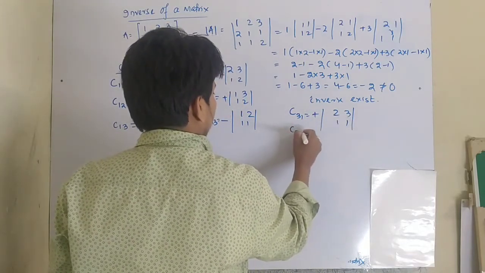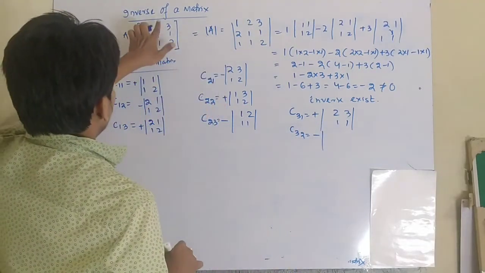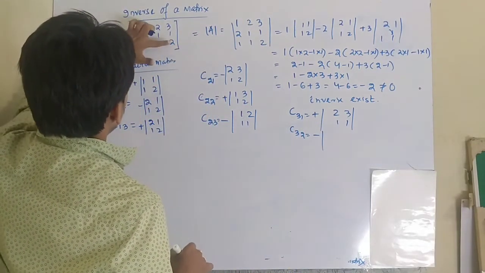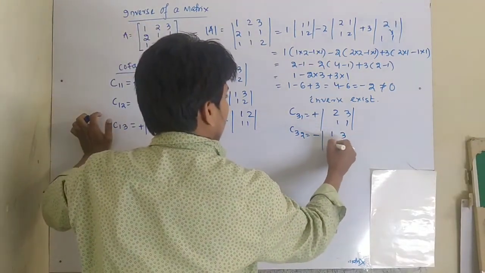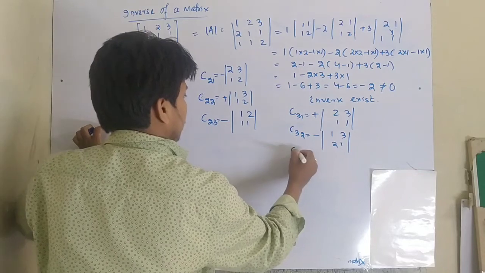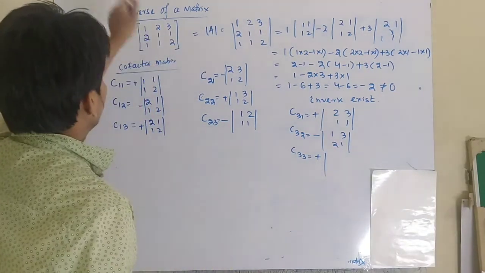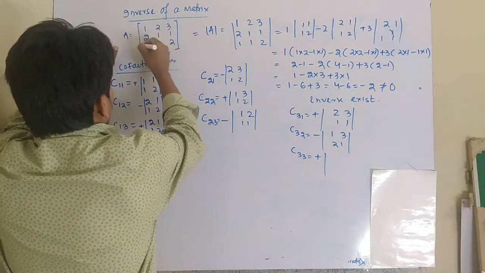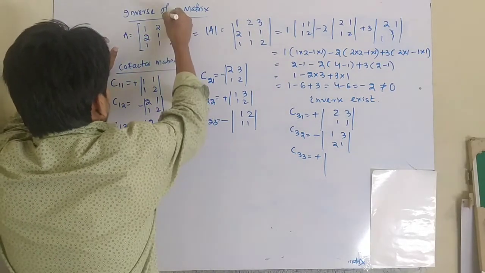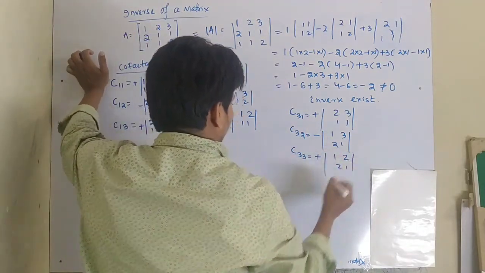Like that, C32. This is minus for 1. Forget this column and this row. 1 3 2 1. C33 plus. For this 2, you have to forget this row and this column. So 1 2 2 1.